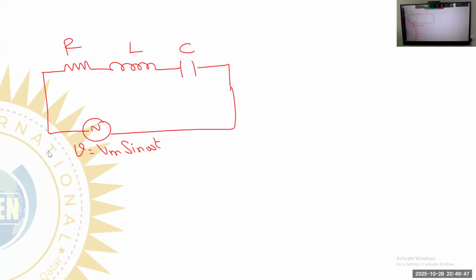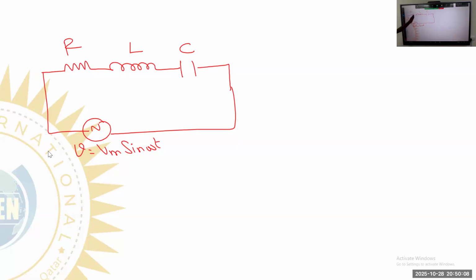Current flowing through the resistance gives heat energy. The current flowing through the inductance and capacitance does not produce any heat energy, which means these two components are used to store the energy. This passive component produces heat energy, while this one does not.